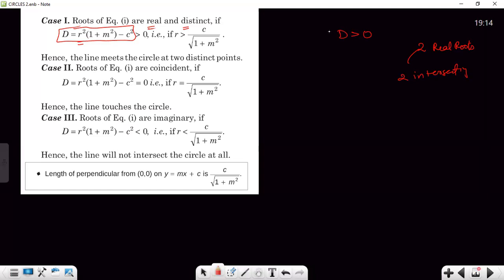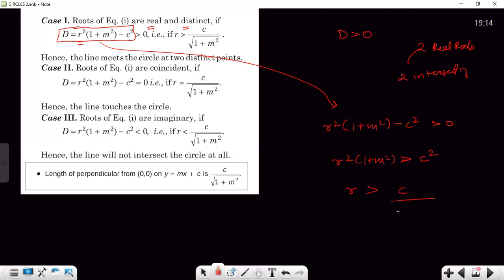For this condition, if we solve it further, the discriminant r square into (1 plus m square) minus c square should be greater than 0. Taking c square to the other side and finding r from here, r is greater than c upon the square root of 1 plus m square.